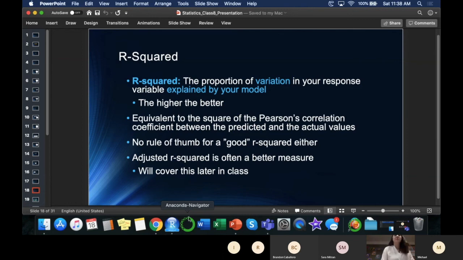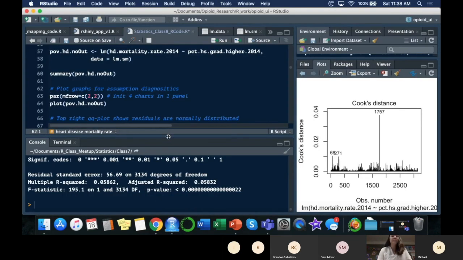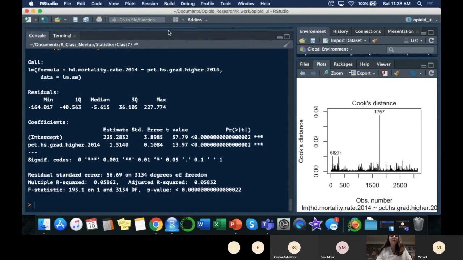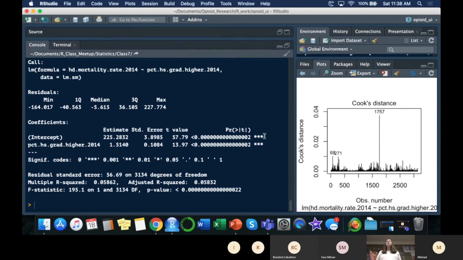I'm going to show this real quick because this might help. Intuitively, in this case we're looking at heart disease mortality and education. Clearly, education is only going to explain a small amount of heart disease mortality because there are so many other factors that would influence that.